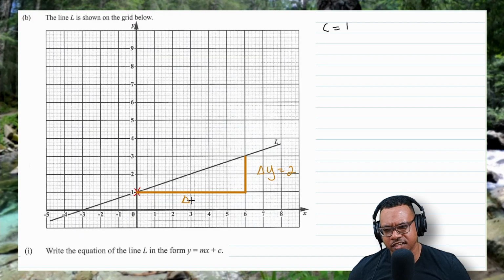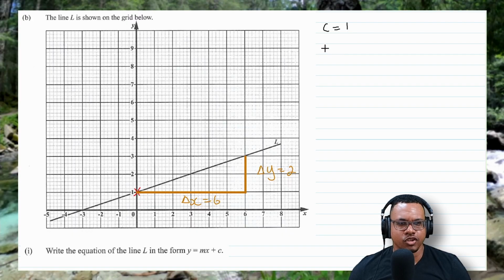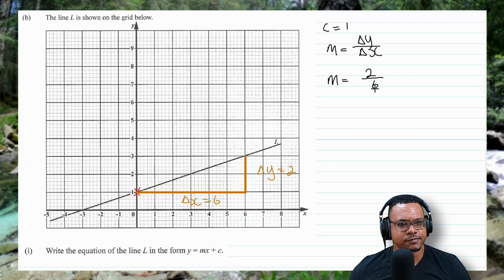So my change in x is equal to 6. Now my gradient m is equal to my change in y divided by my change in x. So m is equal to 2 divided by 6. That's because my change in y is 2, so that's the 2 here, and my change in x here is 6, so change in x down here, which is 6.